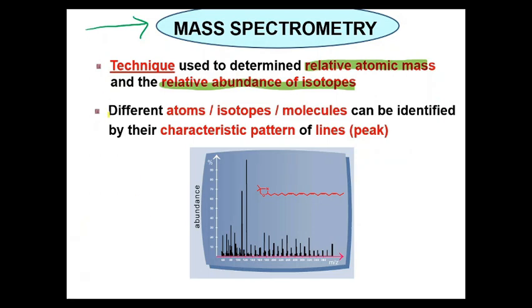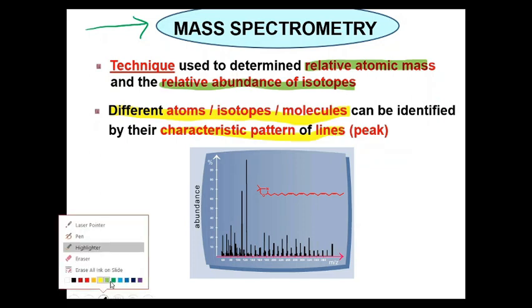We can identify different types of isotopes because different atoms, isotopes or molecules can be identified by their characteristic pattern of lines.